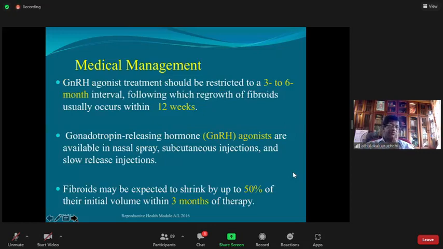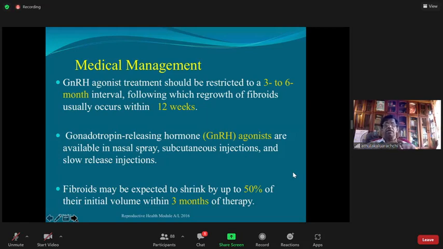GnRH analogs are also being used. You may have heard of GnRH analogs. They have a structure that is similar to GnRH, and when you give it repeatedly, when you keep analogs in the circulation for some time, it can cause a reduction in FSH and LH levels.